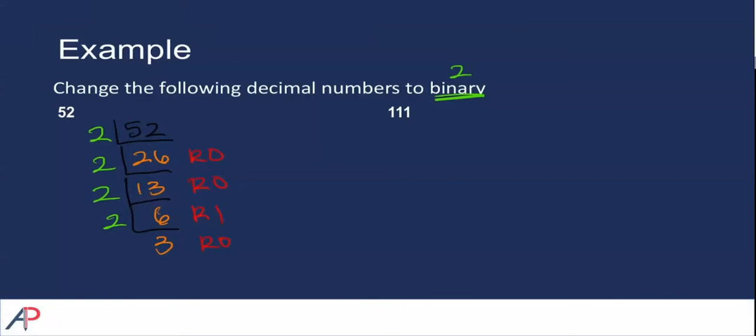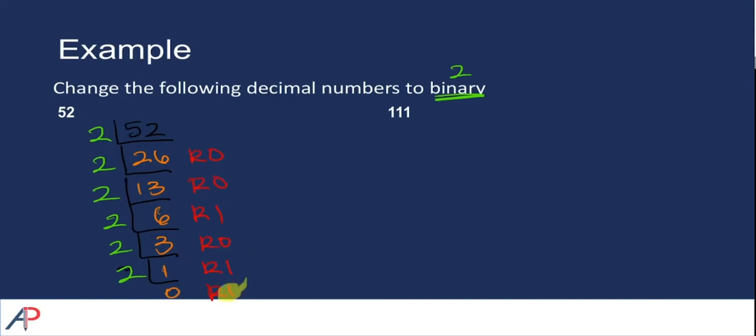Our quotient is still not 0, so we're going to go ahead and divide this by 2, and we get a quotient of 1 with a remainder of 1, which we will divide once more. And then finally, we get a quotient of 0 with a remainder of 1.